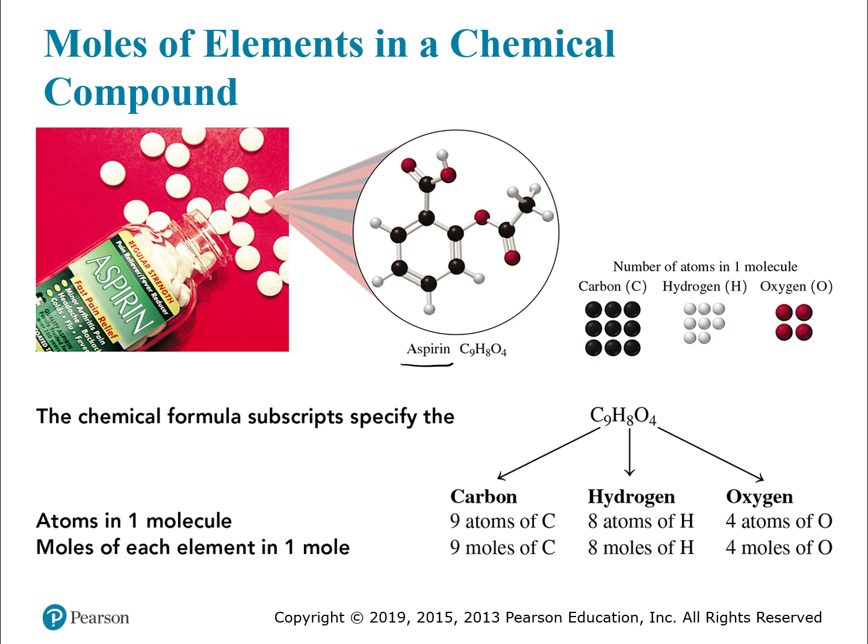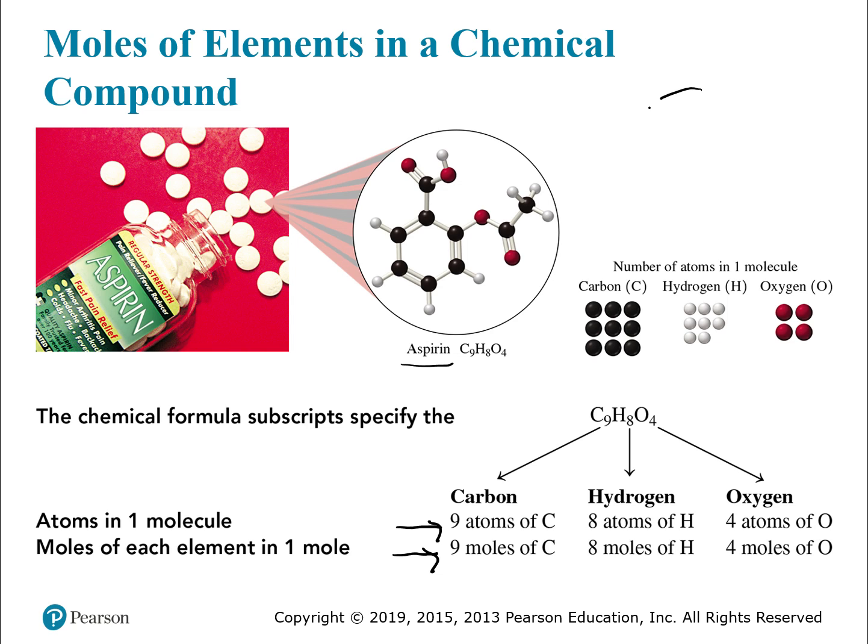But when we look at the chemical formula, we can look at it kind of 2 ways. We can look at the subscripts and see the number of atoms of each element there. So there's 9 carbon atoms, 8 hydrogen atoms, and 4 oxygen atoms. But we can also look at it in terms of moles. If we have 1 mole of aspirin, it contains 9 moles of carbon, 8 moles of hydrogen, and 4 moles of oxygen.